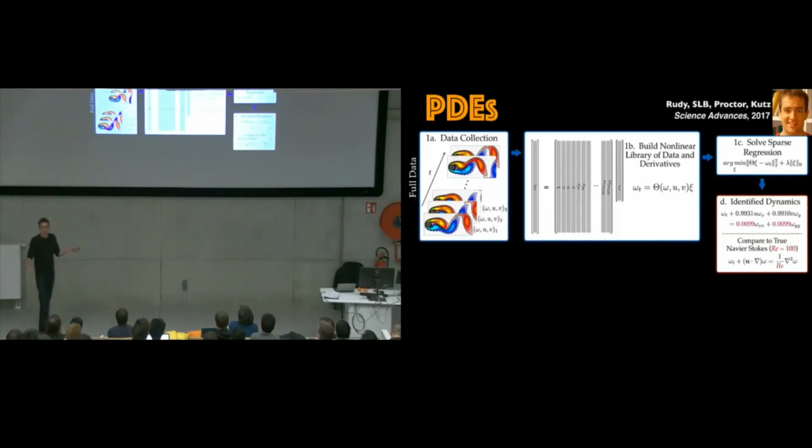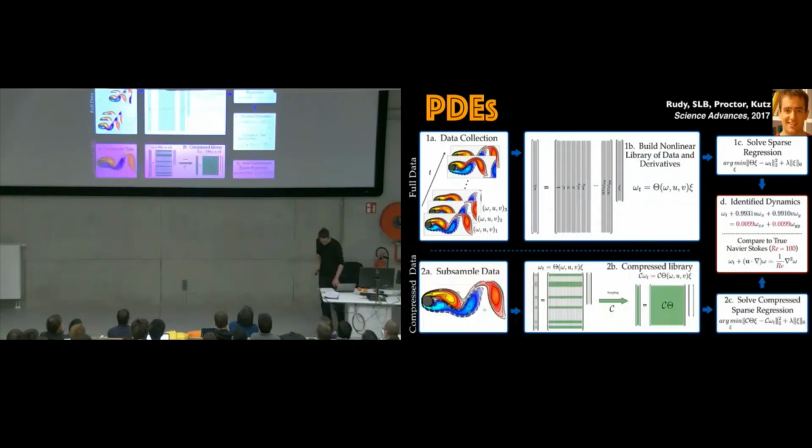They don't have the Navier-Stokes equations for their kind of non-equilibrium, unsteady MHD, and so they're trying to discover correction terms for their models, closure terms, okay? And since in PDEs we have such a vast amount of spatial temporal data, you can also get away with dramatically downsampling in space and time, and even if you only select a very small subset of the data and do this regression, you still recover the right dynamics, okay?